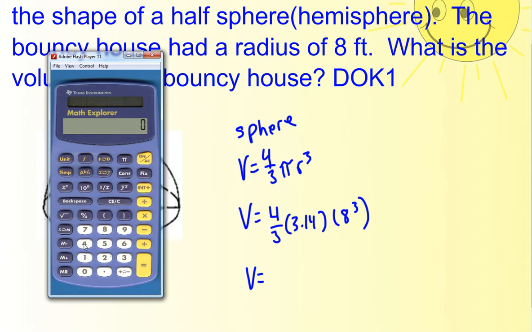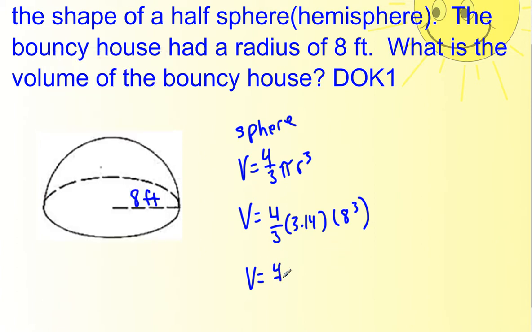Let's do that. So we take 4 divided by 3, which is 1.3 repeated. Oh, wait. I didn't do my exponents first. I don't know what 8 cubed is. 8 times 8 times 8 is 512. All right, let's do that first. 4/3, 3.14 times 512. So you've got to follow those order of operations.